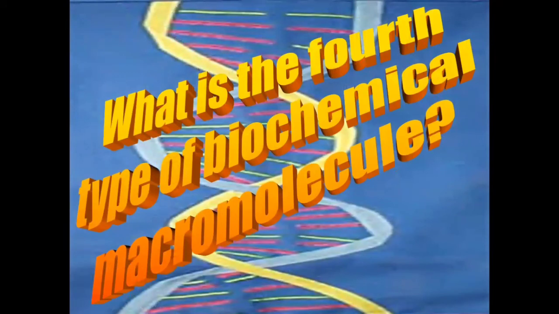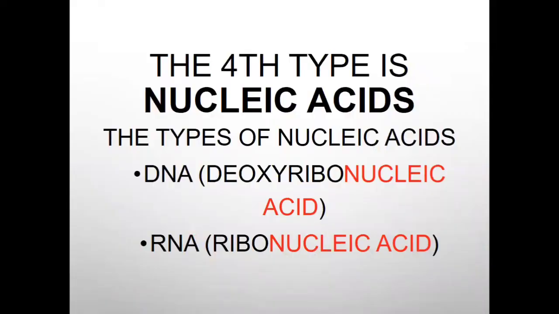And the fourth type of biological or biochemical macromolecule is the nucleic acids. There are types of nucleic acids, the DNA and RNA. DNA or deoxyribonucleic acid and RNA or ribonucleic acid.